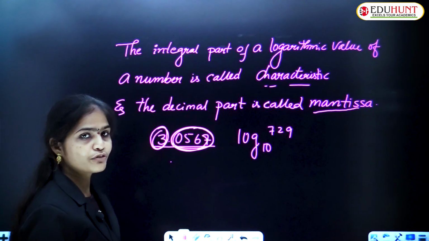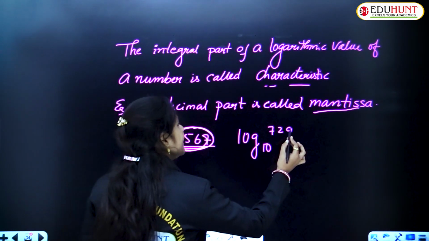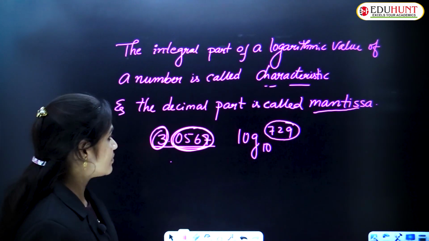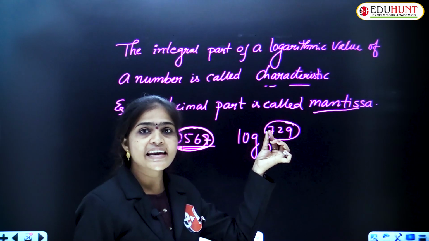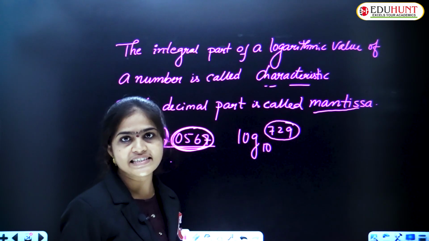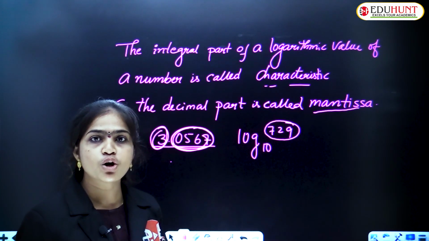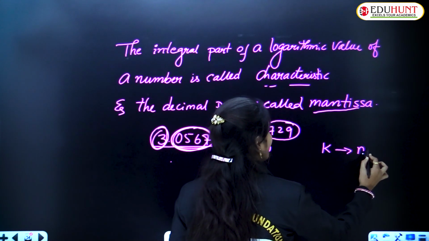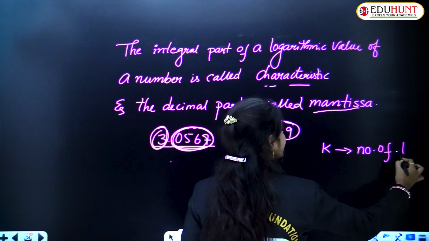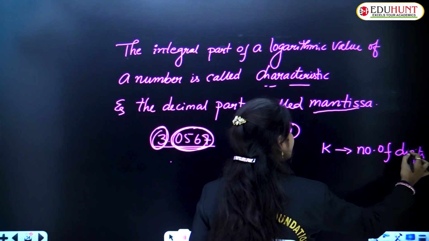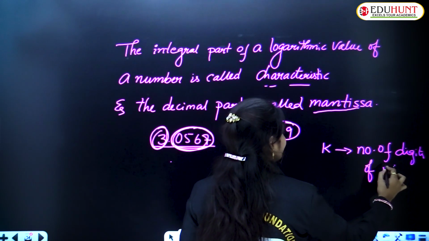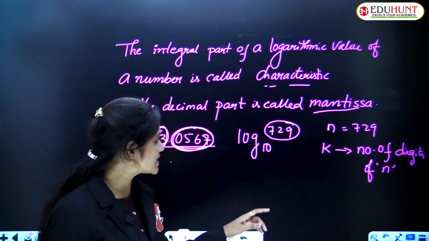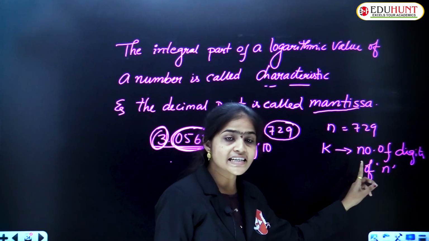For this type of question, here n is an integer and k is the number of digits of n. So here n is equal to 729. Did you understand? k is the number of digits of n.